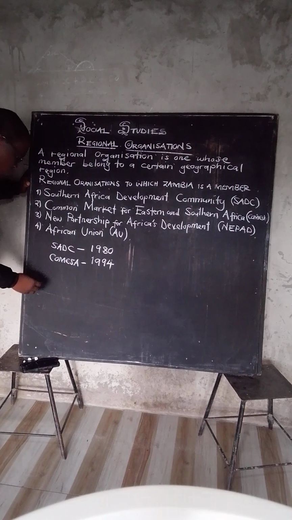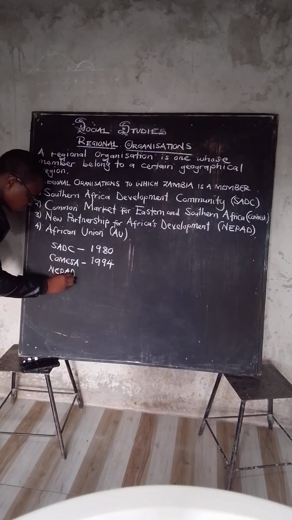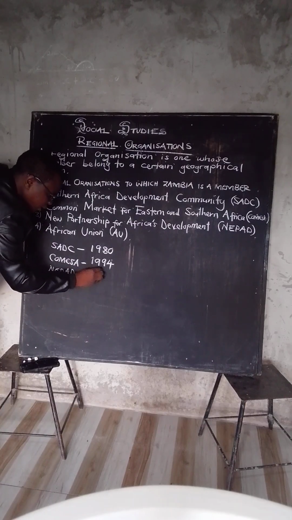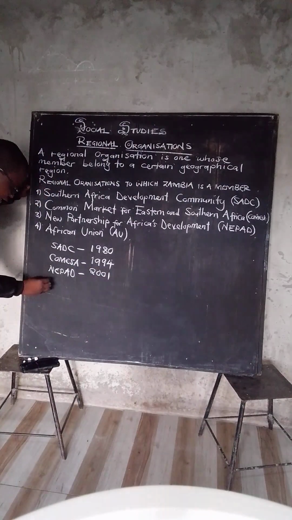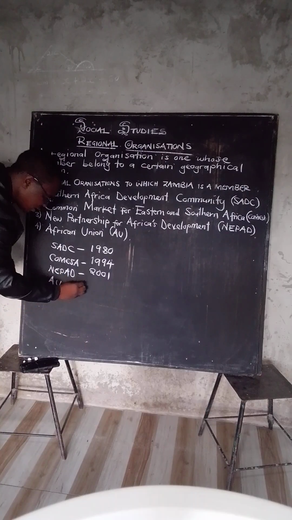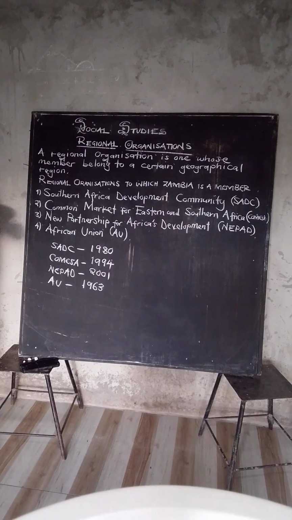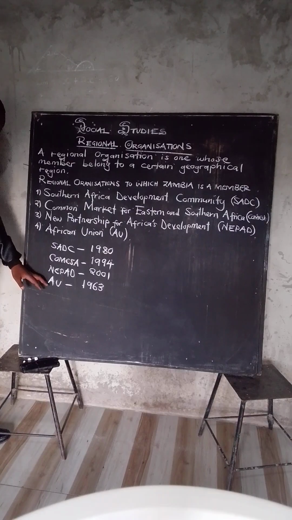Then we also have NEPAD. NEPAD was formed in 2001. Then we have African Union, which was formed in 1963. Now you're supposed to know the headquarters for each regional organization.